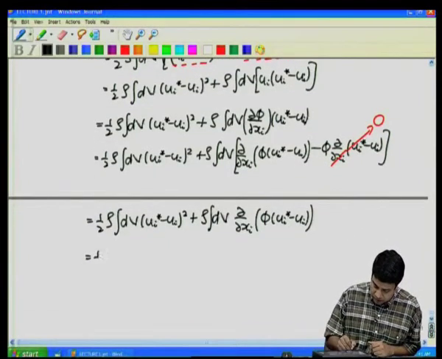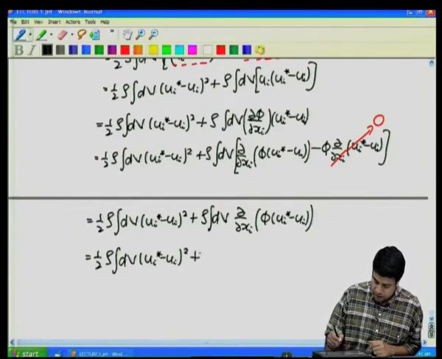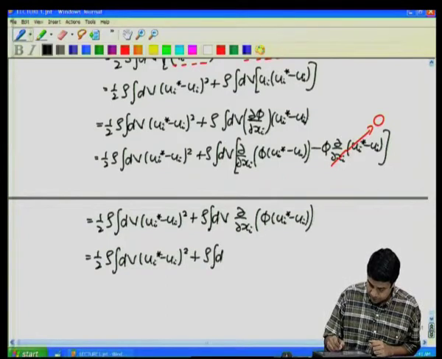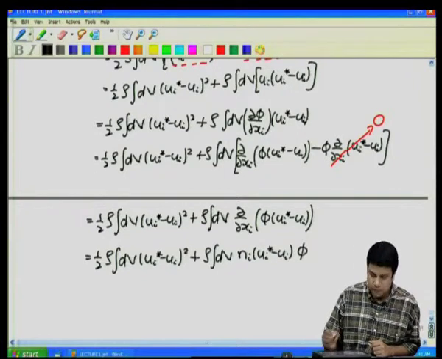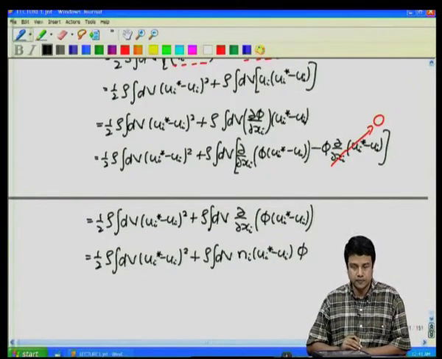Therefore, I get half rho plus integral of n dot (u star minus u) times the potential.